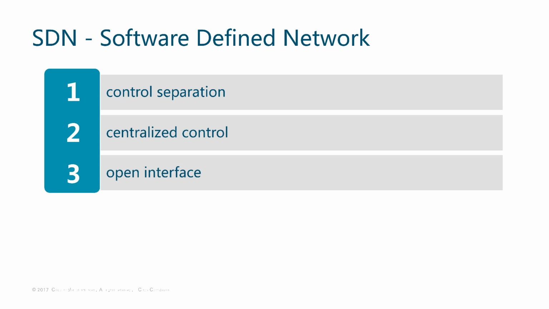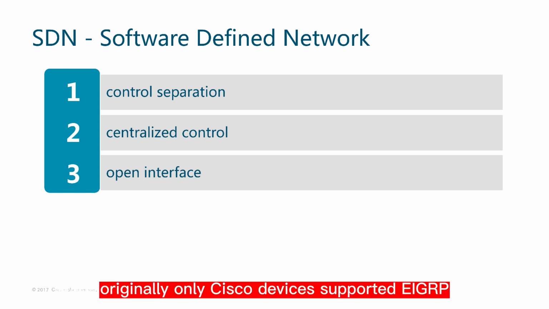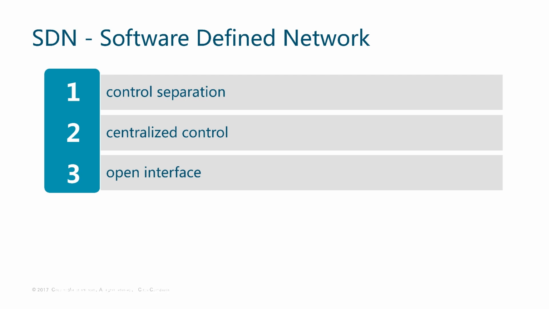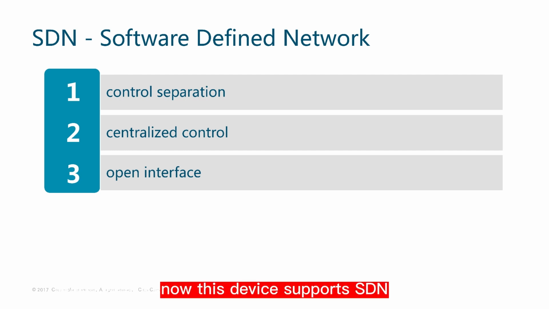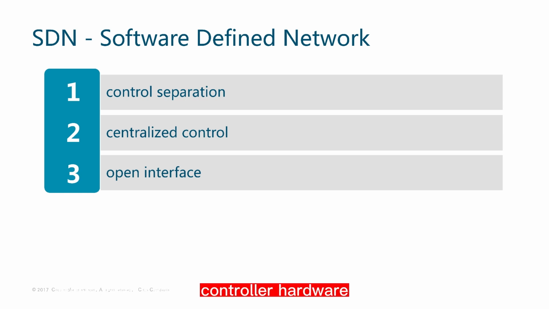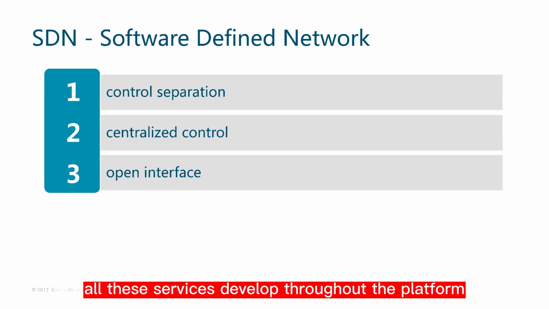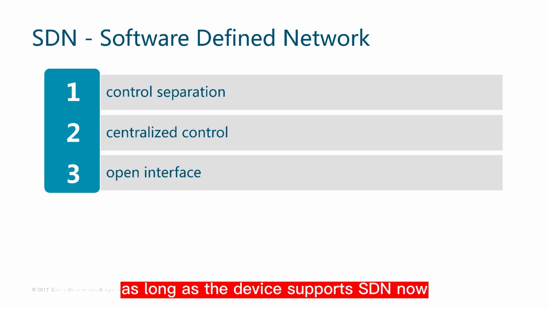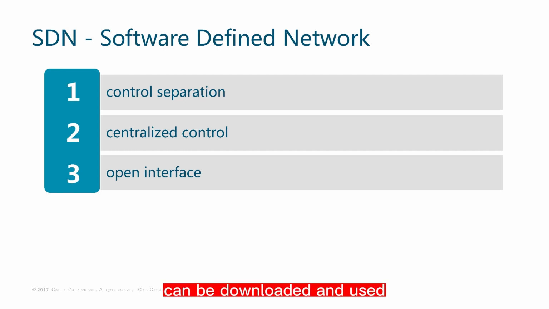Please note the difference: originally only Cisco devices supported EIGRP. Now this device supports SDN, then open the corresponding port on the SDN controller hardware. All these services developed throughout the platform in the future, as long as the device supports SDN, can be downloaded and used.